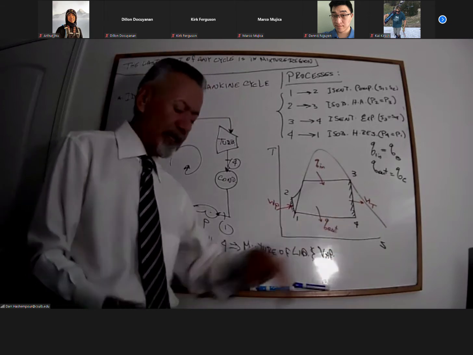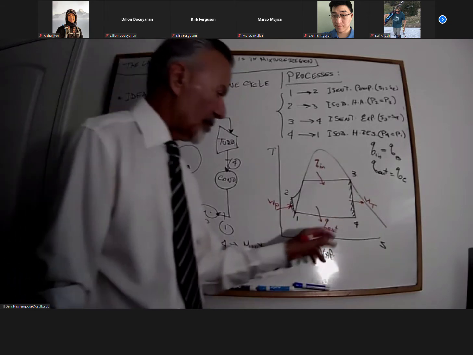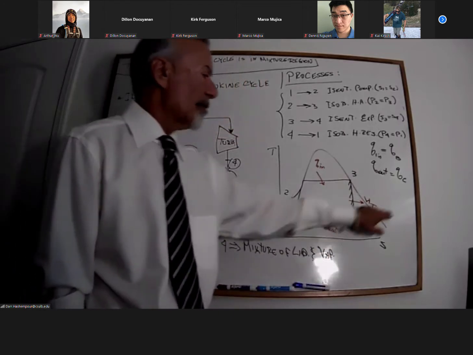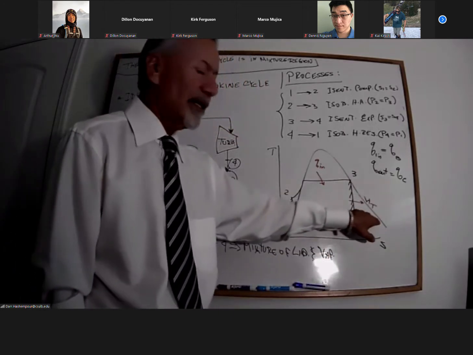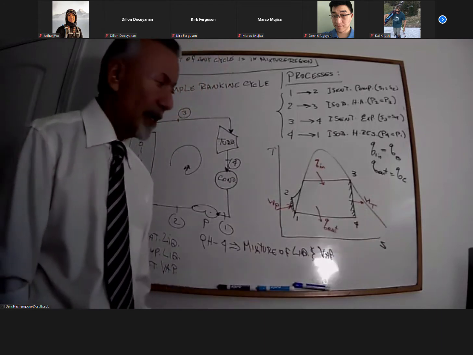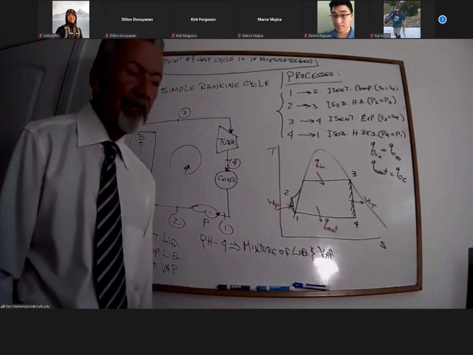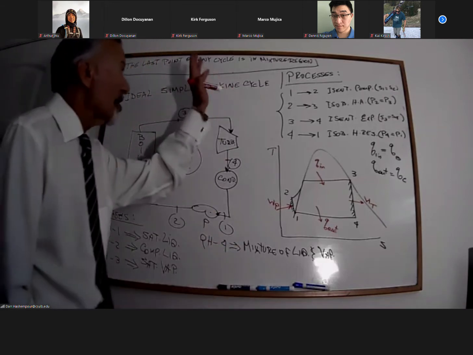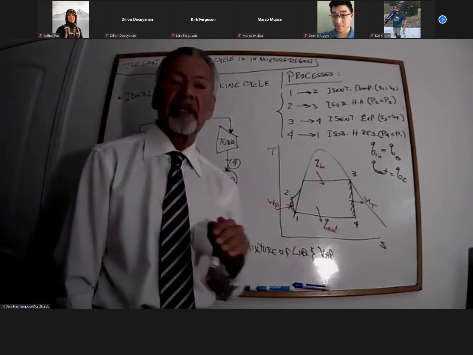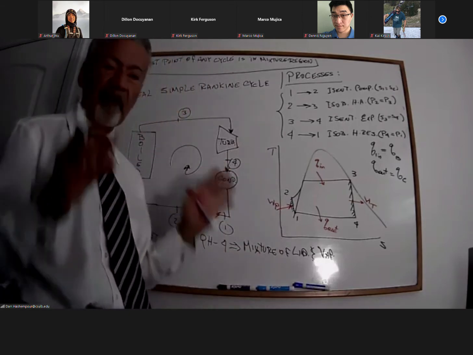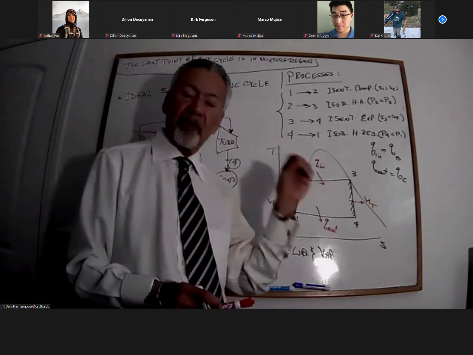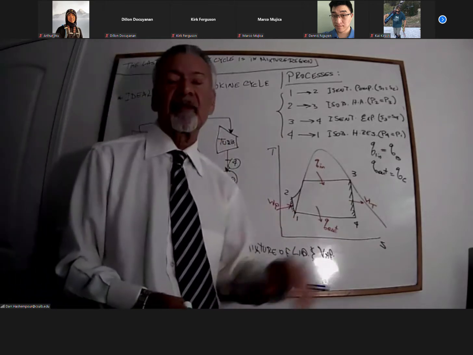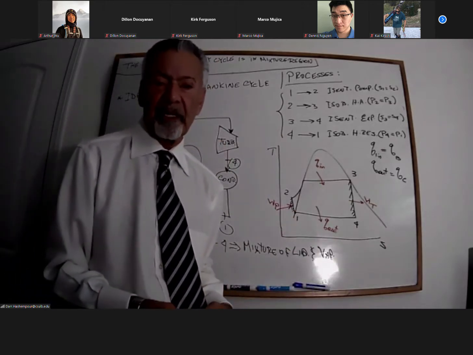This is a mistake that a lot of people make when they do the homework or take the second test, putting point 4 outside or putting point 4 right at the saturated vapor. That will never, ever happen. The last point of a cycle is always, always, always going to be in the mixture. If we have 12 points, point number 12 is the last point. Guess what? That point definitely is going to be in a mixture area.